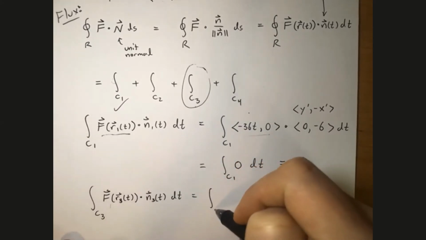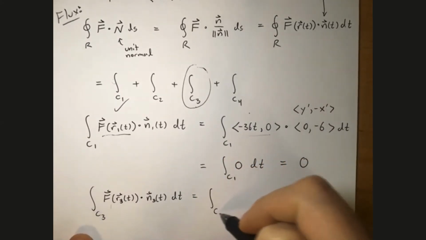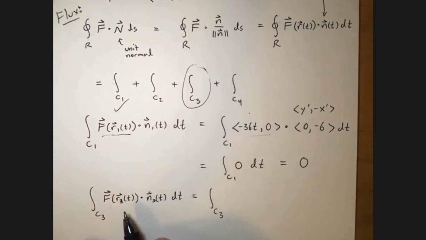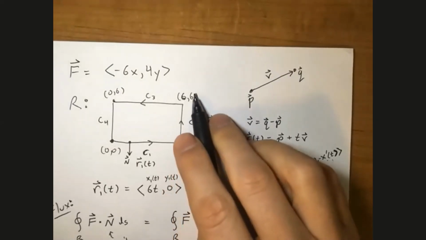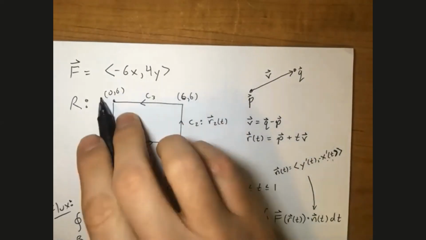So that's going to be the integral along C3. Now we have to parameterize R3 of t. We're starting at 6, 6, and we're ending up at 0, 6.